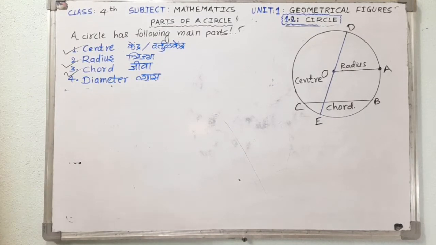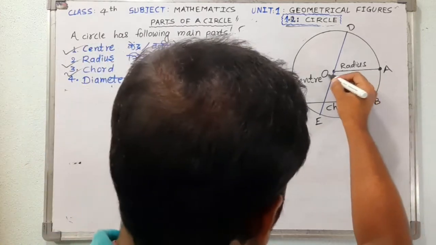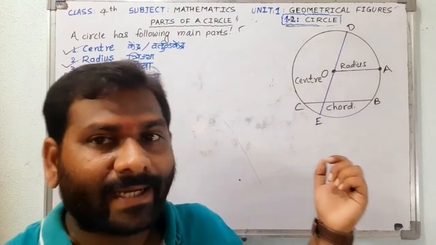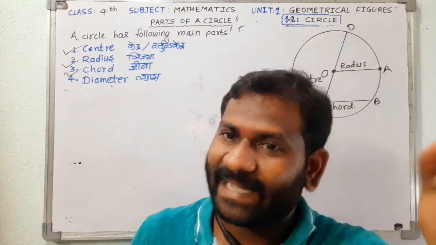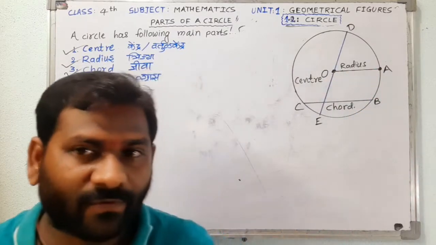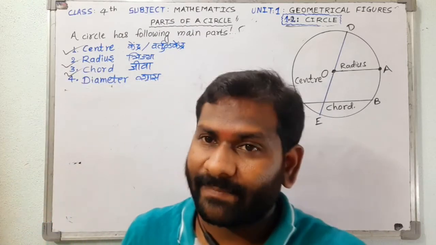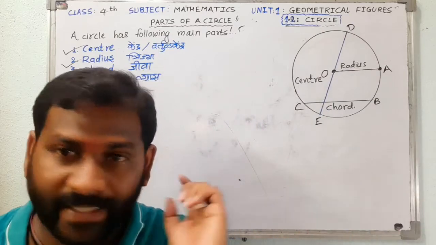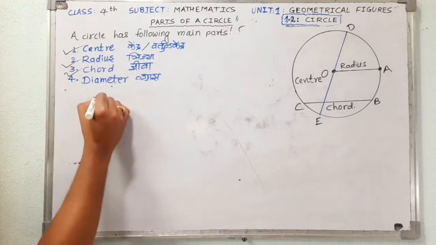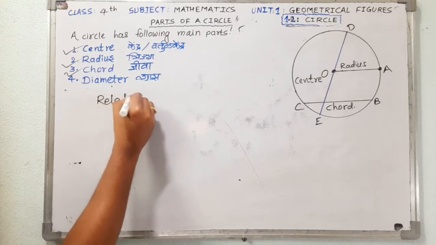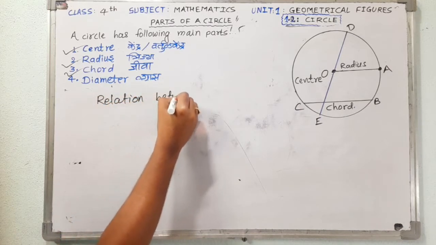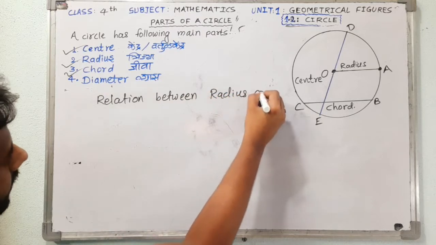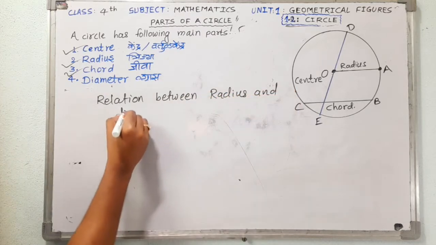My question to you is that if OA is the radius, when two radii are joined together, then a diameter is formed. So therefore, the length of the diameter is double the length of the radius. So what is the relation between radius and diameter?